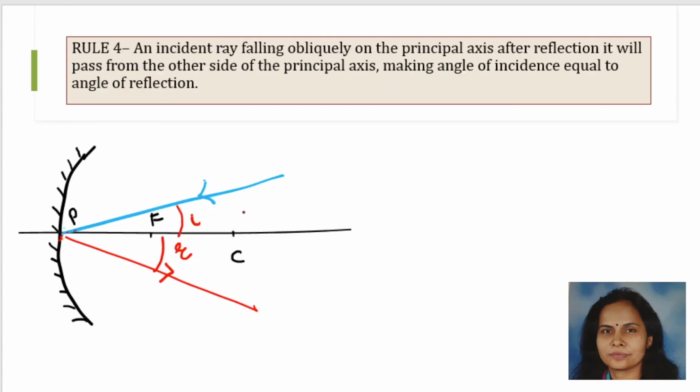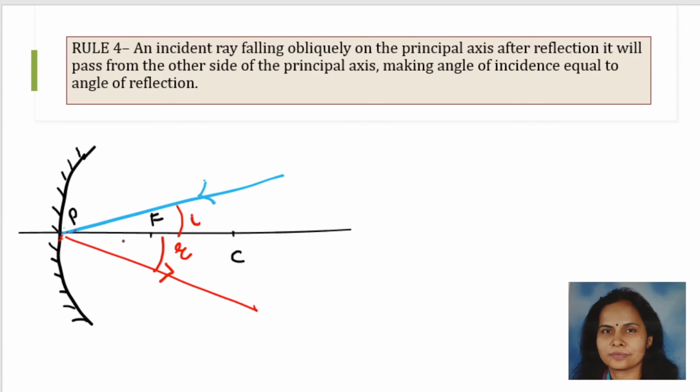Then what about the fourth rule? In the fourth rule, I have already marked the angle of incidence and angle of reflection. In this case, the pole itself is the point of incidence. And how to draw the normal? The principal axis is itself the normal, because at this point of incidence, if I join P with C, I get the center of curvature and the radius of curvature itself.